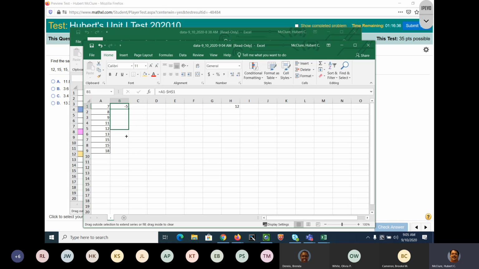Now you would be using your calculator if you're not using the Excel spreadsheet. And I'll show you in just a minute, hopefully it'll pull up. And then I'm going to square each one of those. Copy that down. And there is your summation row.